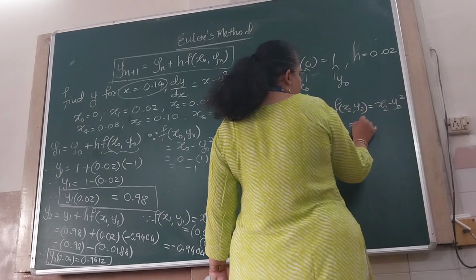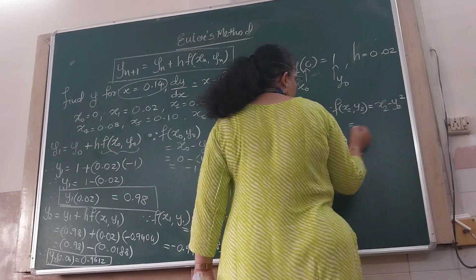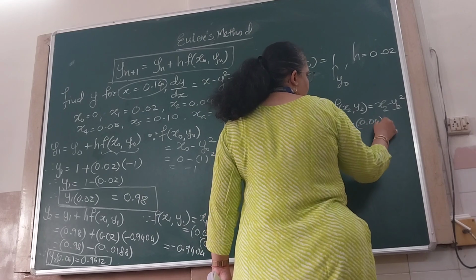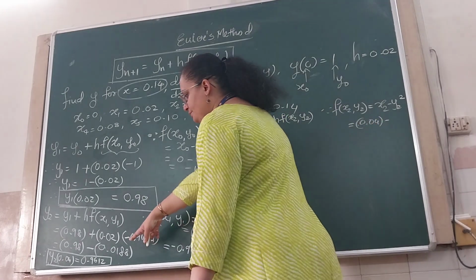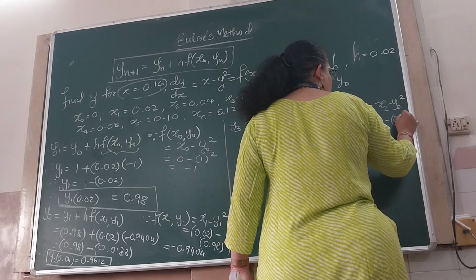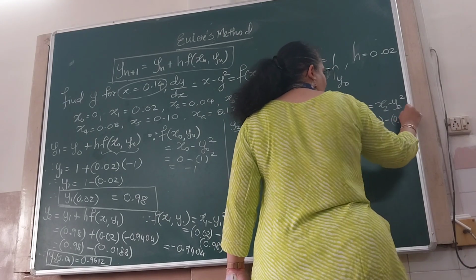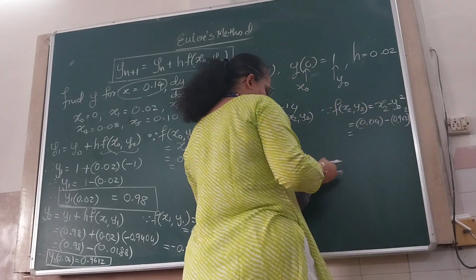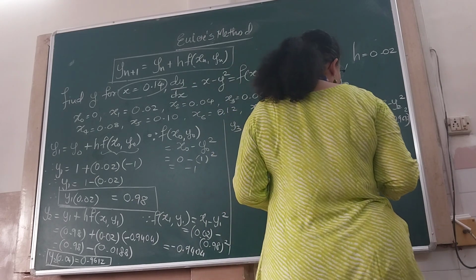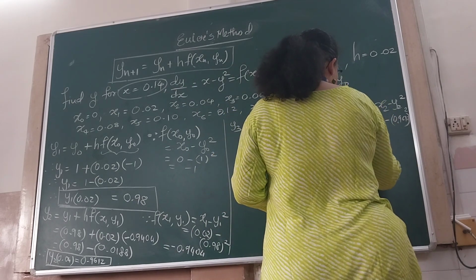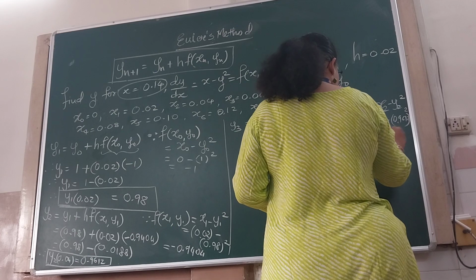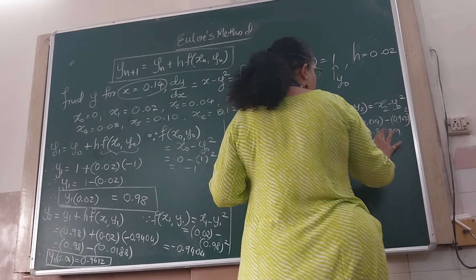What is my x2? 0.04. Minus what is my y2? 0.9612, square. So calculate this. 0.04 minus 0.9612 square, minus 0.8839. Yes or no? Yes.